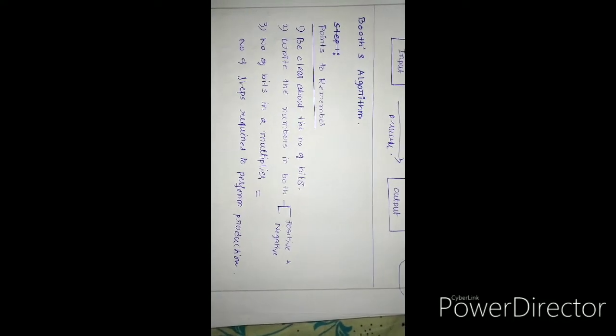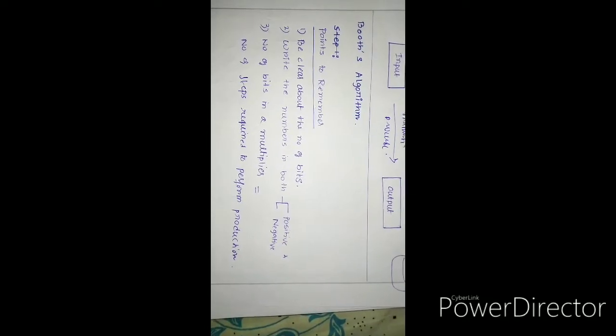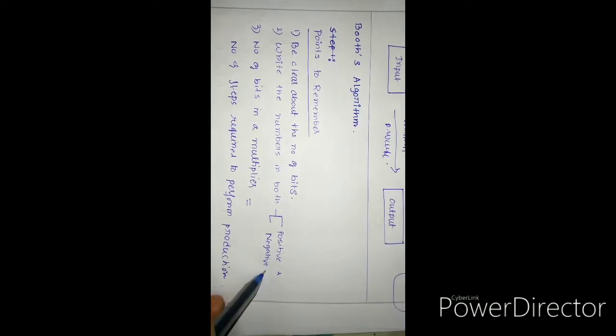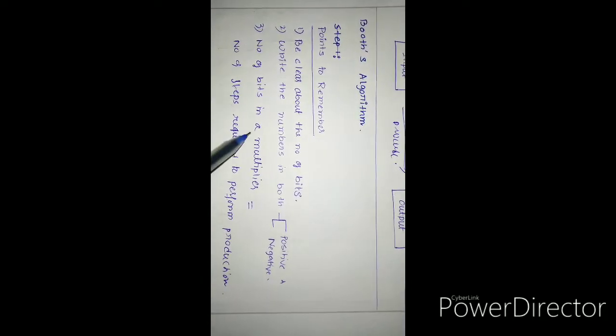It's a huge topic. But before I start Booth's algorithm, I have to give you examples, otherwise you will not understand. But I obviously want you to do something: be very clear about the number of bits, and write the numbers in both positive and negative. And here also, the number of bits in the multiplier equals the number of steps required to perform the multiplication.